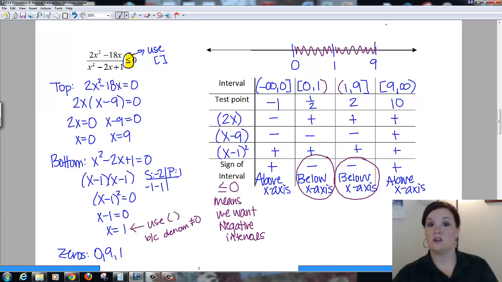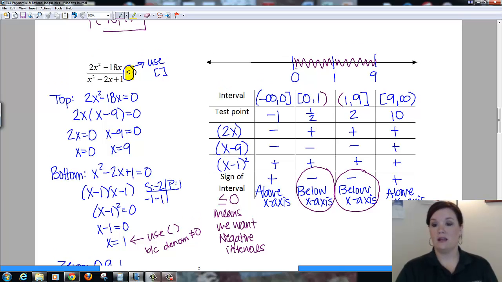Now, we have to pay close attention to our symbols. Remember, on 0 we can include it with a bracket, but at 1 we cannot include it. So even though the shading looks like it should go straight across 1, because we can't actually include that 1 value, we're going to use parentheses on each side of the 1 to show we're taking that 1 out. And then it goes on over to 9 with a bracket.